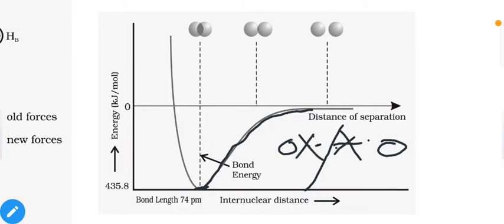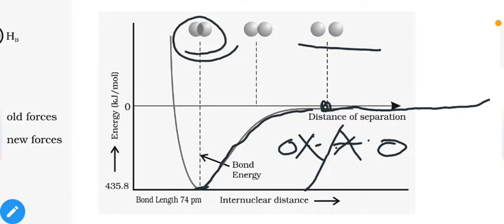So no attractive or repulsive forces are produced after this point, and energy will be stabilized. No energy change after this point will be observed, which indicates both of the atoms present in the H2 molecule are now separated. That means they are now separate hydrogen atoms.